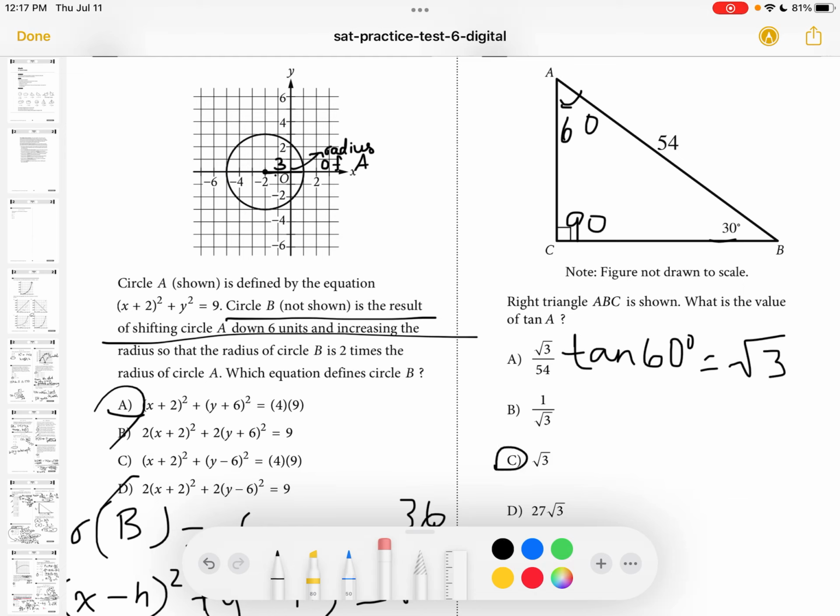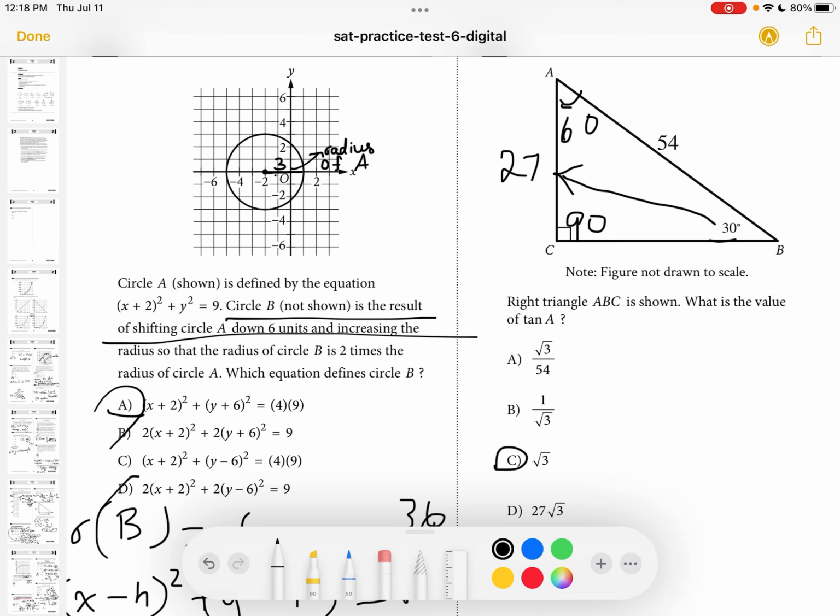But what if you didn't know that? Well, this is where our special triangle rules come in handy. The hypotenuse is twice the shortest side, and the shortest side here is opposite the 30-degree angle. So this side would be 54 divided by 2, which is 27.